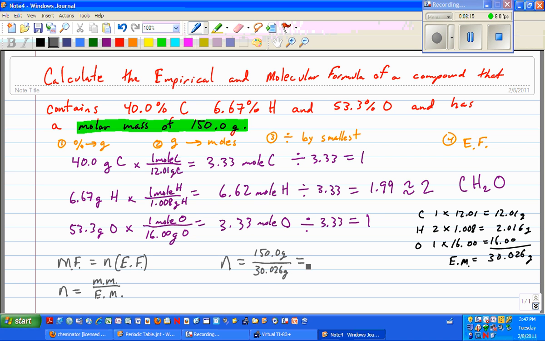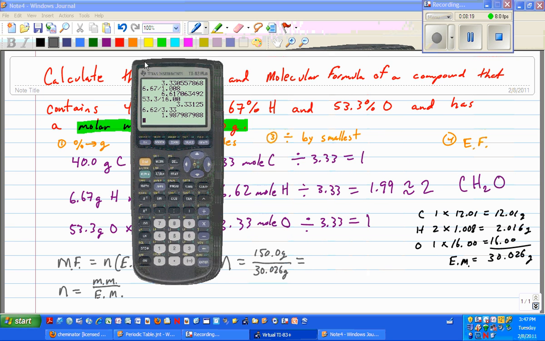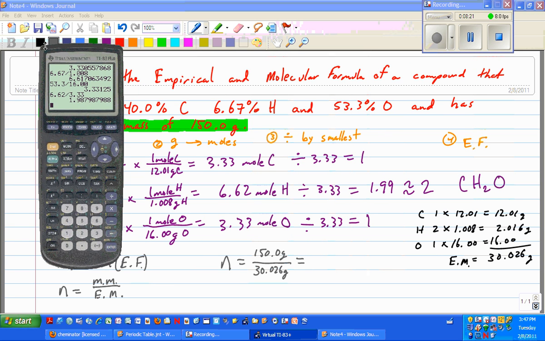And that 30.026 goes down here, 30.026 grams. So we get an n of 150.0 divided by 30.026. Grams cancel. I get 4.995. I'm looking at 4 sig figs here.